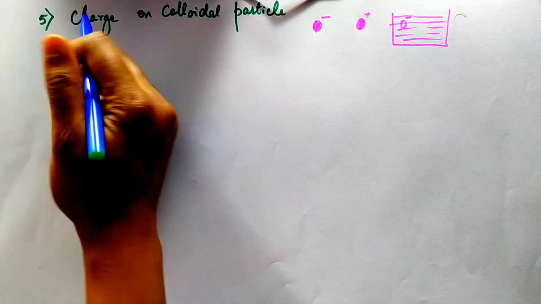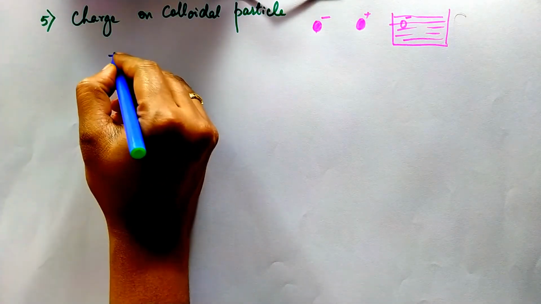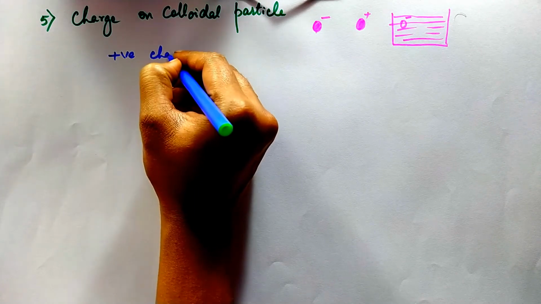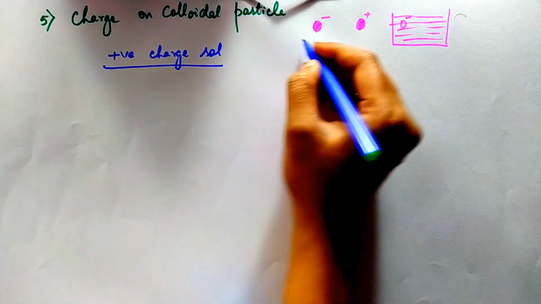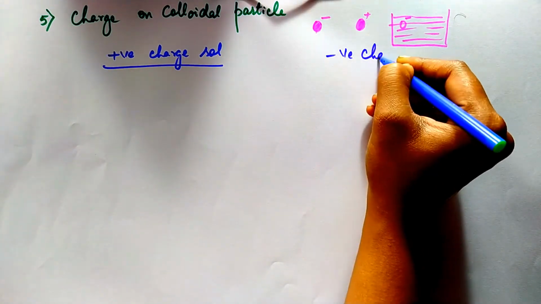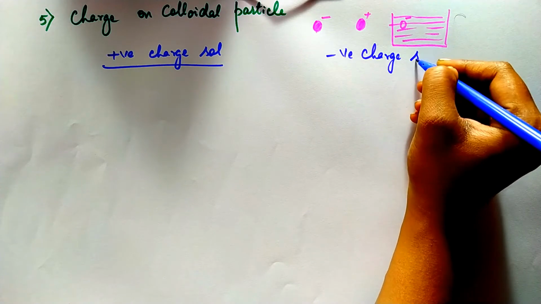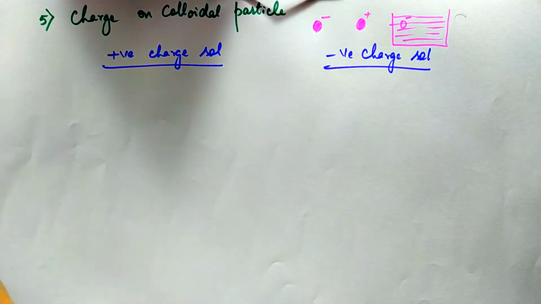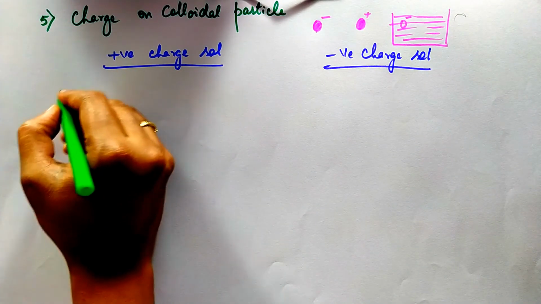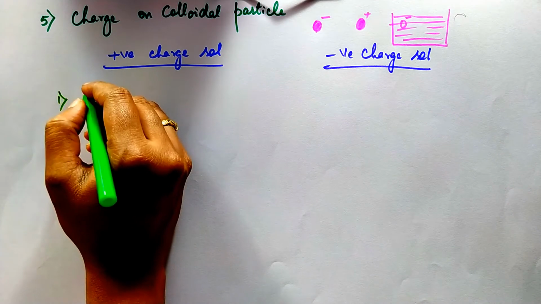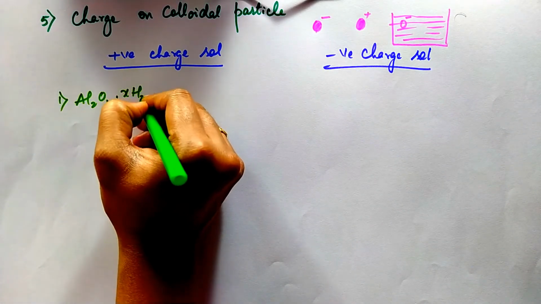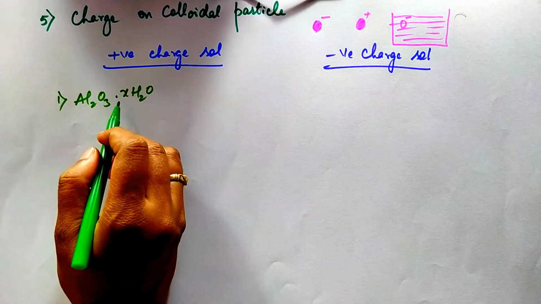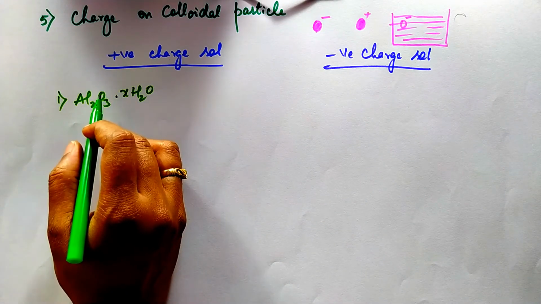So, let us see some examples for the positive charge sol, that is the positive charged colloid. A colloid can also be called a sol, and also the negative charge sol. These examples are important for the CET examination, the competitive examination. The first example for a positive colloidal particle is Al2O3.xH2O, which means hydrated aluminium oxide.